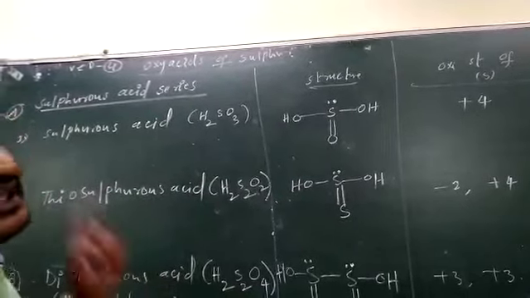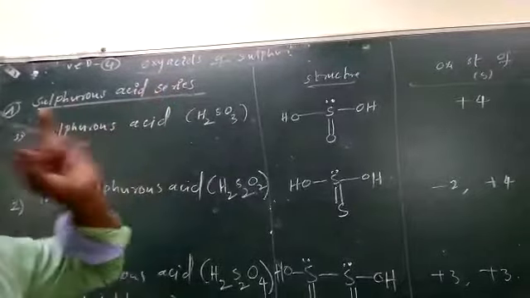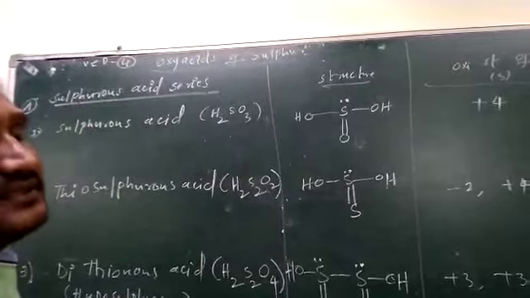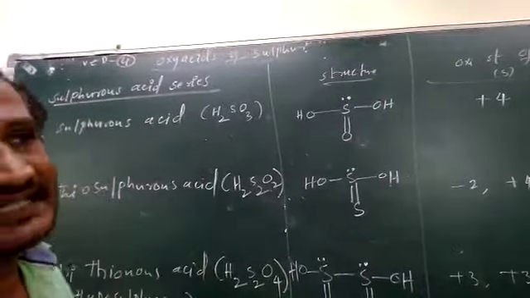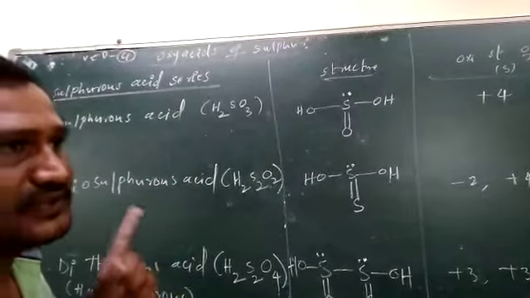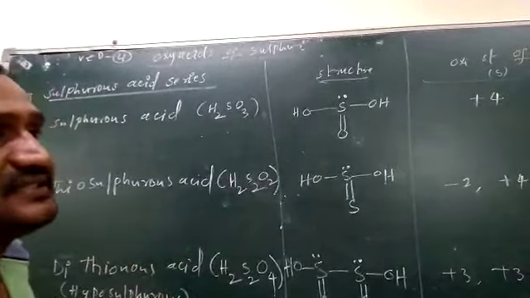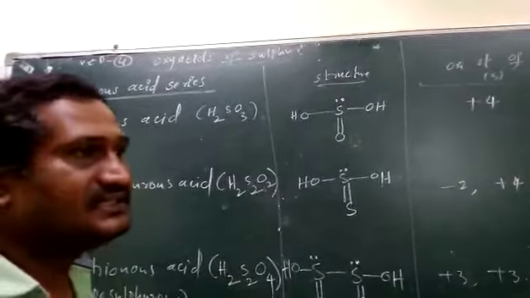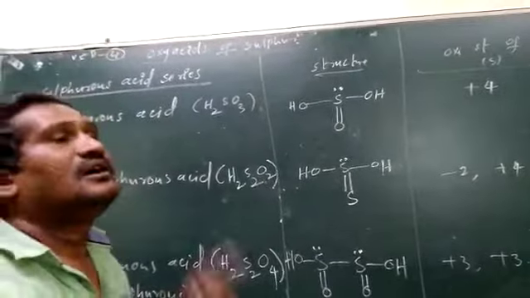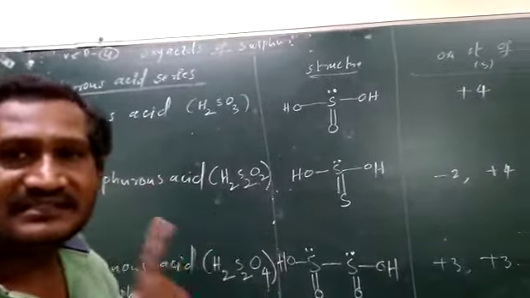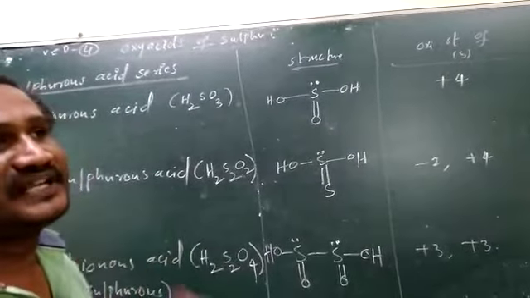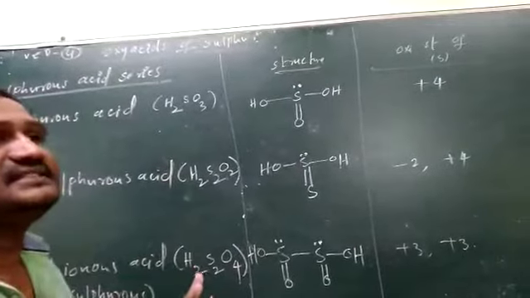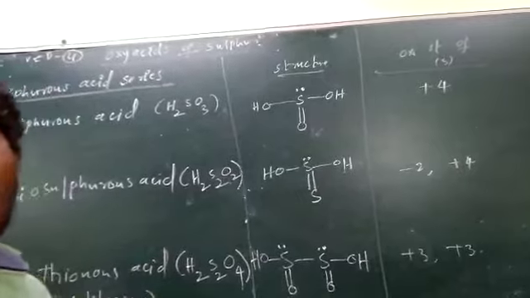One is the sulfurous acid series, the second is the sulfuric acid series, the third is the thionic acid series, and the fourth is the peroxy sulfuric acid series. In each series there are again some compounds.